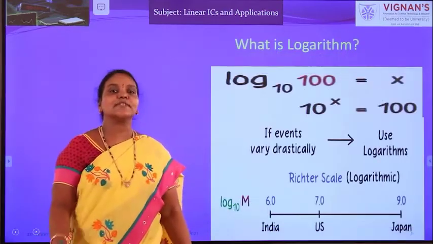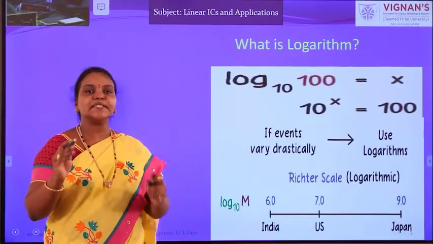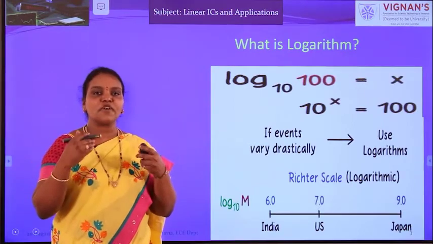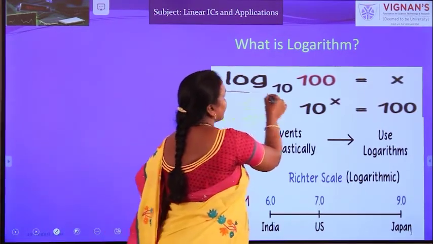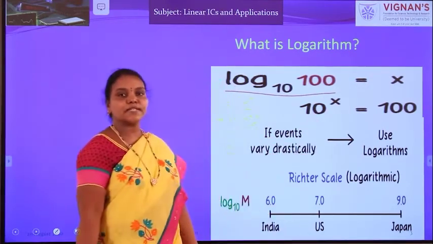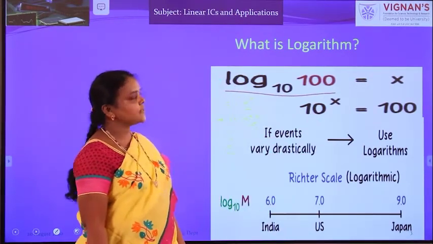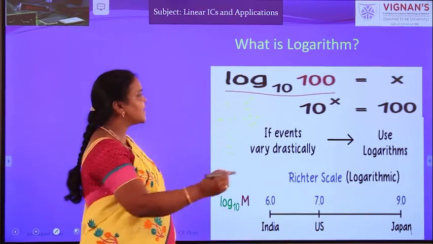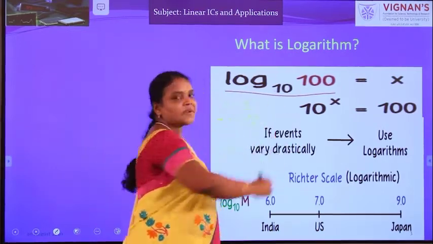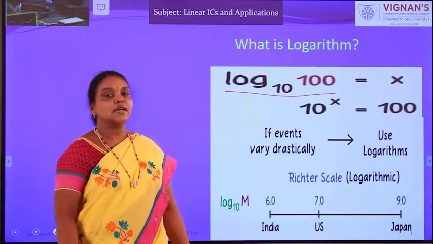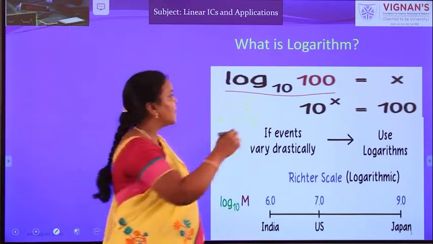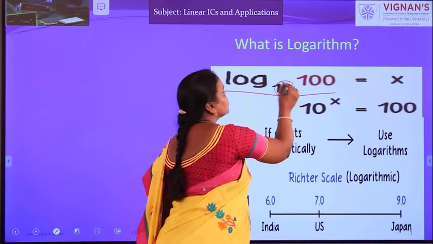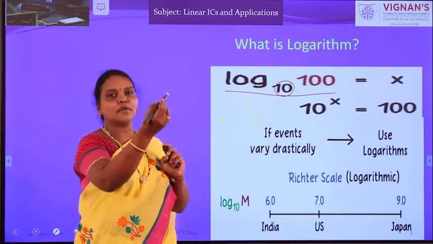First let us see what the logarithm operation is. Basically it is the inverse operation of power. Now let us consider log 100 base 10 equals x. To find x, you have to take the inverse operation of logarithm on both sides. The inverse operation of logarithm is exponential. Here the base is 10, so you apply 10 power on both sides.